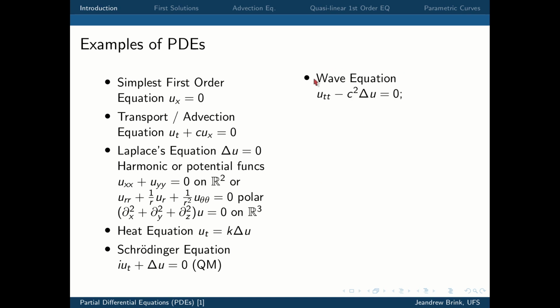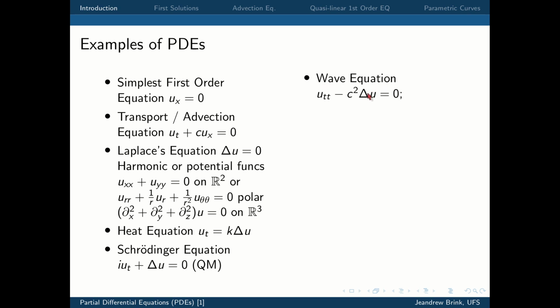Now, the wave equation also appears very, very often. u_tt, the second derivative in time, minus c squared times the Laplace operator of u. That's an example of a hyperbolic equation.